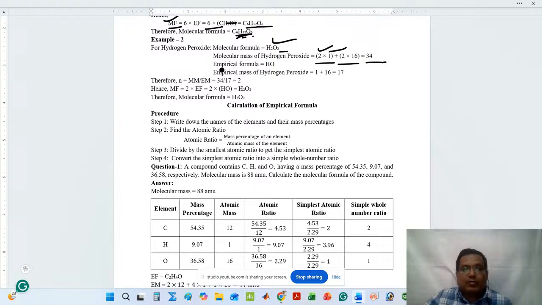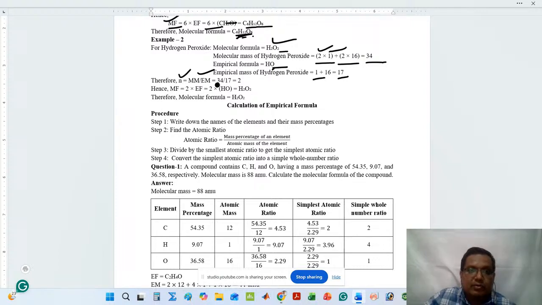For the empirical formula, we know that the empirical formula of hydrogen peroxide is HO. It is obtained by taking the ratio of the atoms present in the molecule. Accordingly, I can find the empirical mass of hydrogen peroxide: 1 plus 16, that is 17. Now find the value of n. n is equal to molecular mass by empirical mass.